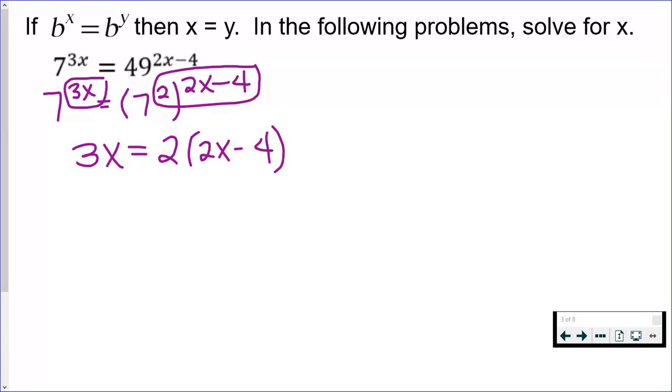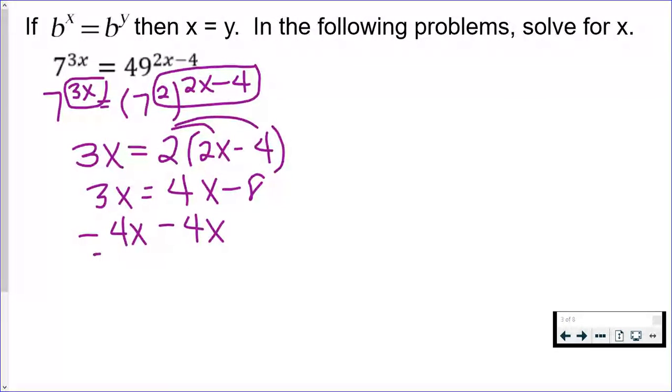And all I have to do now is solve for x. The bases are gone. You don't have to worry about the 7s. All I'm doing is solving for x and I'm done. So if you end up with negative x is equal to negative 8, dividing by a negative gives us that x is equal to 8.